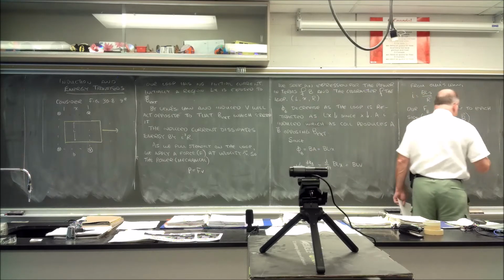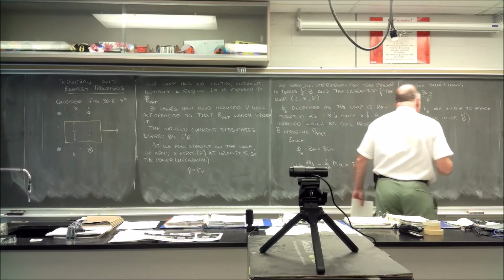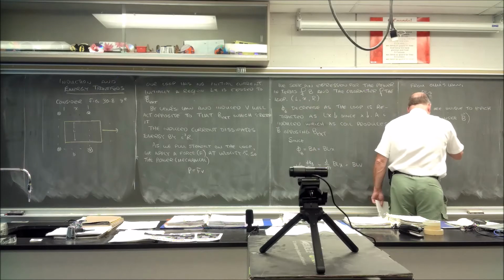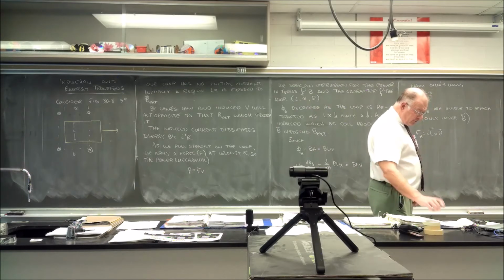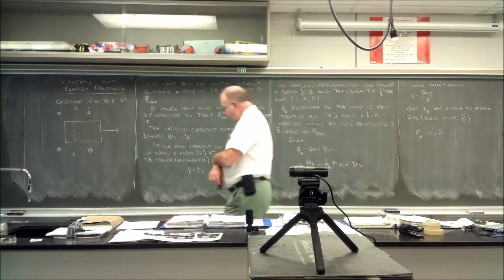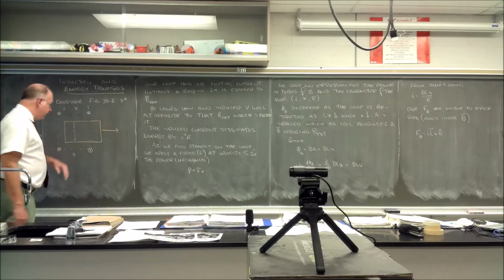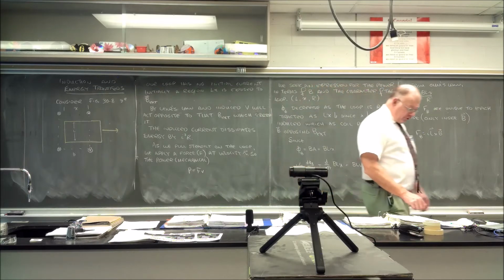Okay, so as soon as you leave it, then that's finished. So F sub B is equal to IL cross B. So once again, we figure out our left-hand system here. And this L in this case is the current direction. So we have to figure out how it's induced here.